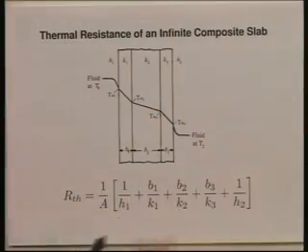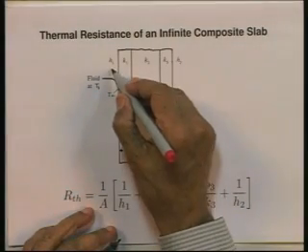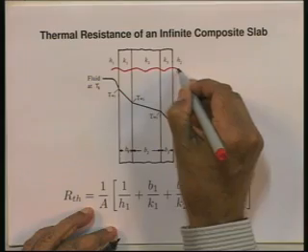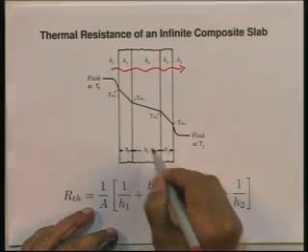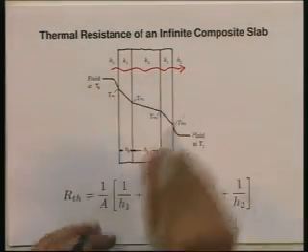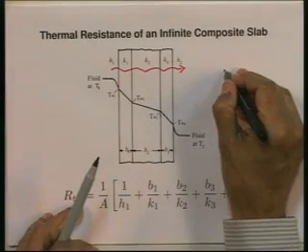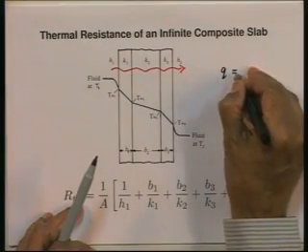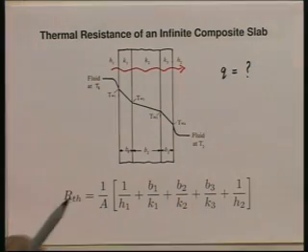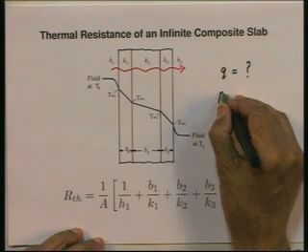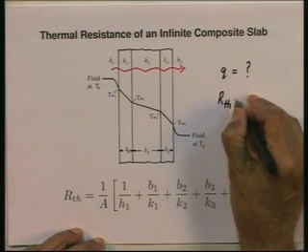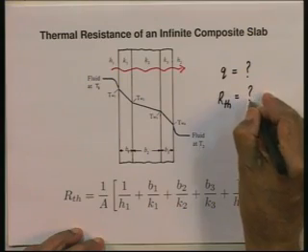Now, what do we want to do? We want to find an expression for the heat flowing across this slab. Heat will flow like this across this slab. I would like to find an expression for the rate at which heat flows across this slab, and I would like to find an expression for the thermal resistance of this composite slab.